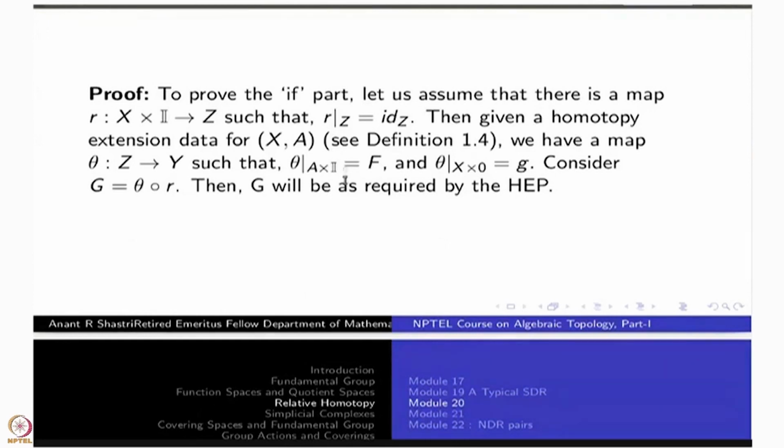Z intersection X cross 1 is equal to A cross 1. So A cross 1 is closed, the same thing as A is closed in X. So under Hausdorffness, the closedness of A is a must. So we are not assuming too much. All right.